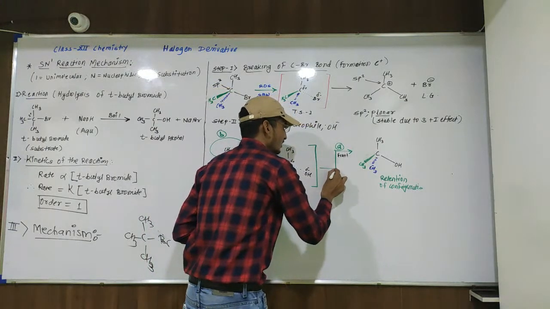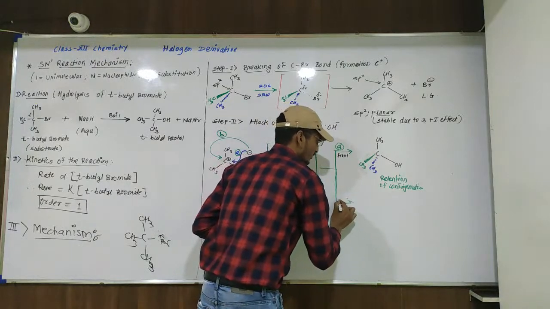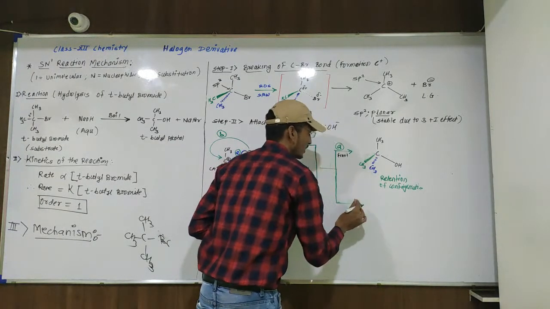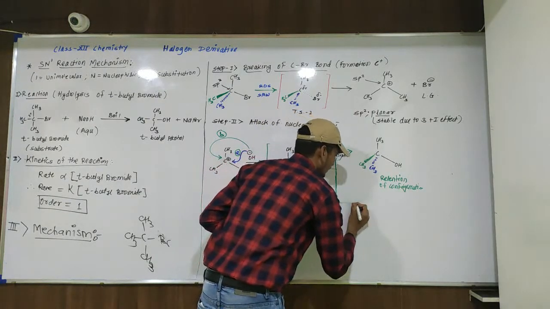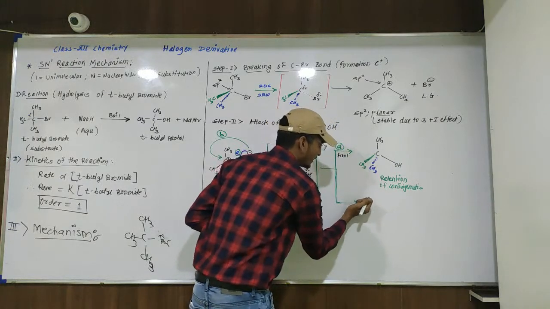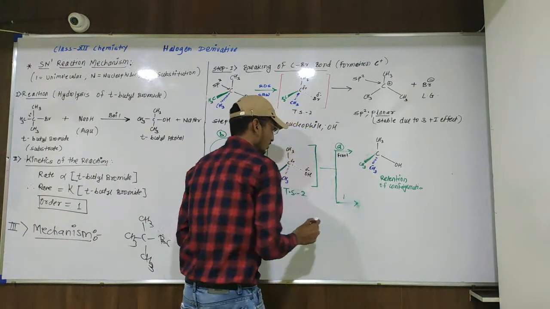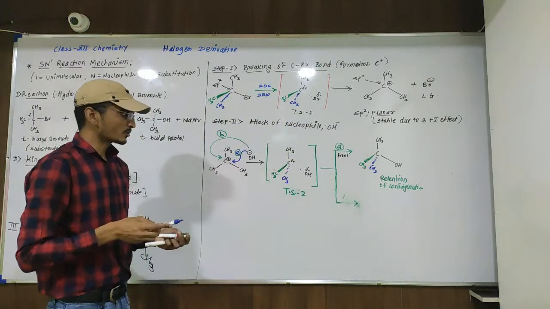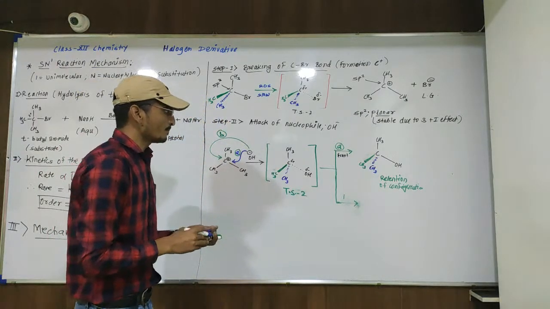But what about the other case, where the nucleophile attacks from the back side? There are two possibilities of attack of the nucleophile: one from the front side and another from the back side. Why does this happen here? Because the carbocation is planar in nature, so it may be attacked from the front and from the back side.